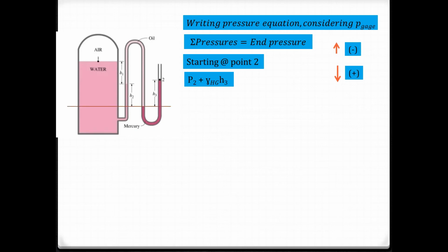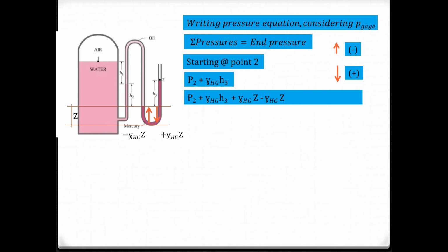At this level, we can denote this by a variable, say Z. So we go down, that is a positive gamma times Z of that mercury. And eventually, we will also have the same expression but oppositely directed. So in that case, reflecting that into the equation, that is cancelled.